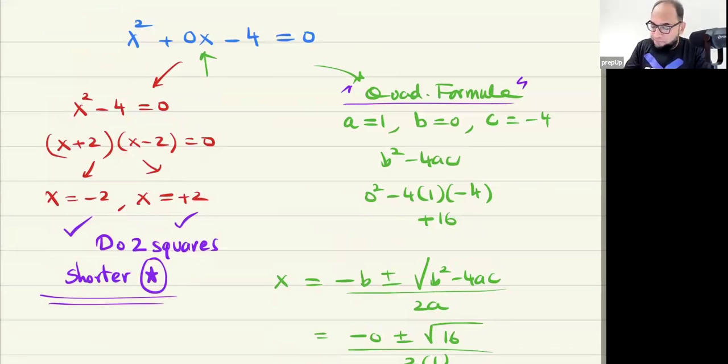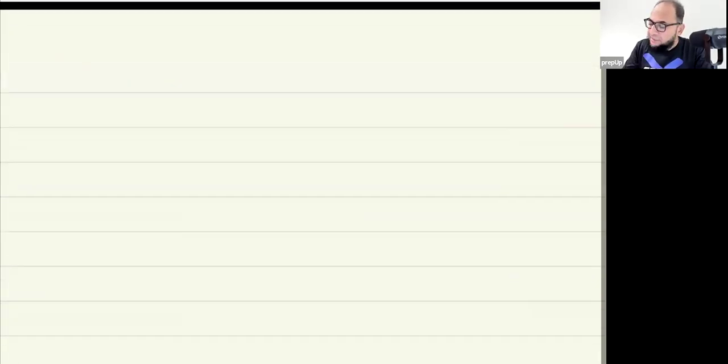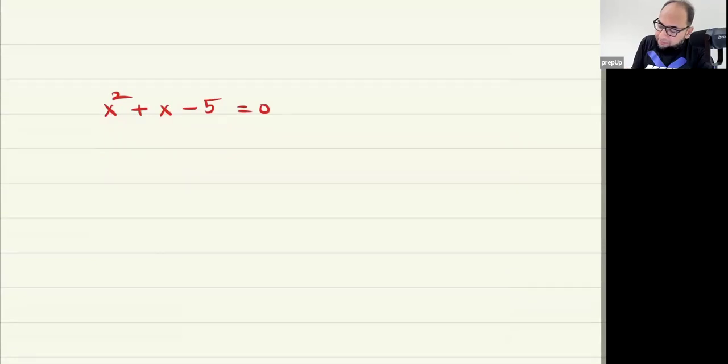Now another scenario, something like x squared plus x minus 5 equals 0. a is 1, b is 1, c is negative 5.